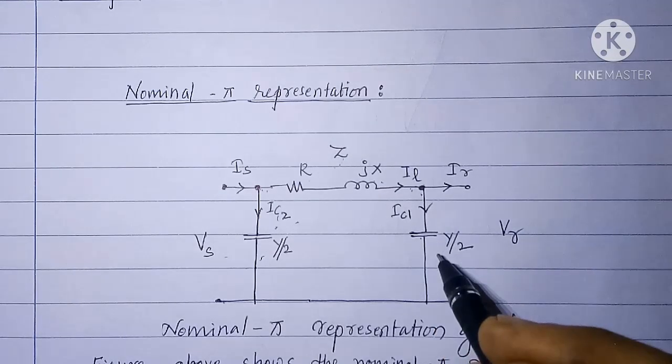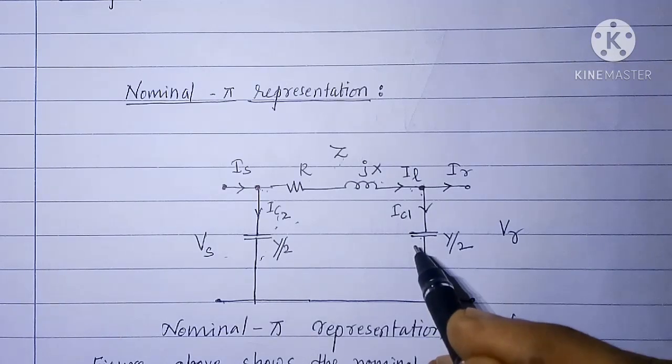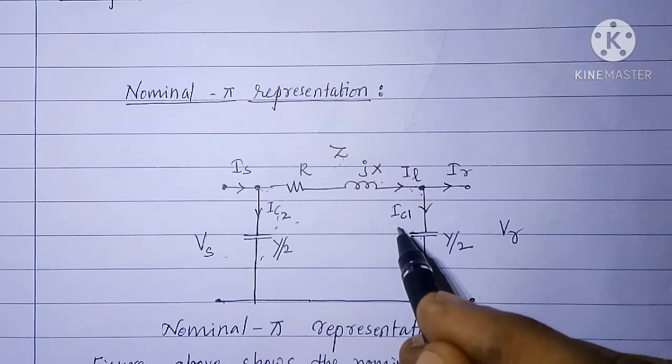Voltage across capacitor C1 is IC1 into XC1. Now we have to calculate what is the value of IC1.